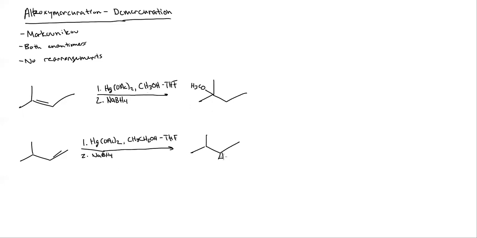So I'm just going to get this and the enantiomer, just like the one where we added the OH, except now it's just O and then the rest of my alcohol. In this case, I'm using ethanol, so it's OCH2CH3. So I add ethoxide. Either way, this is making a Markovnikov ether.